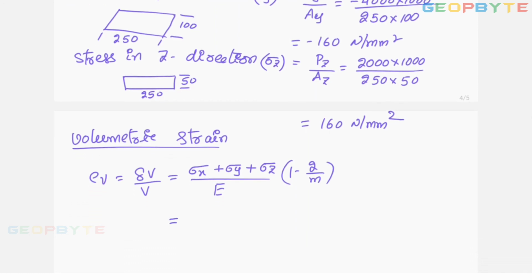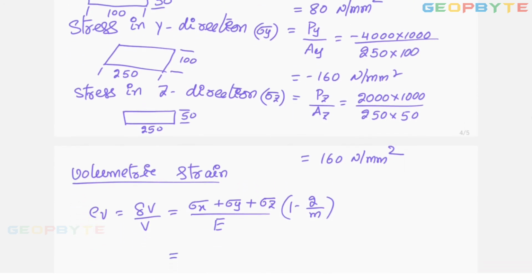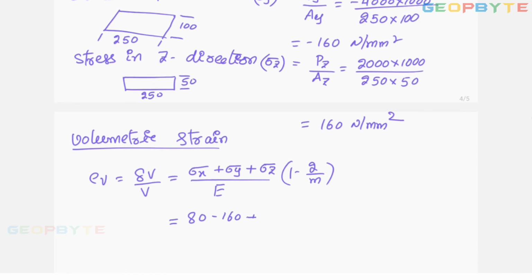Sigma x is 80, sigma y is minus 160, plus sigma z, plus 160, divided by 2 into 10 power 5 into 1 minus 2 into 1 by m.